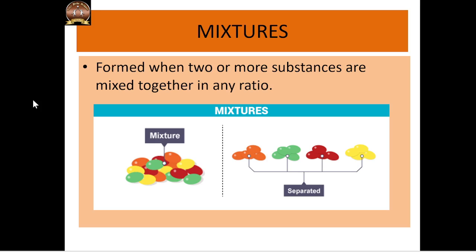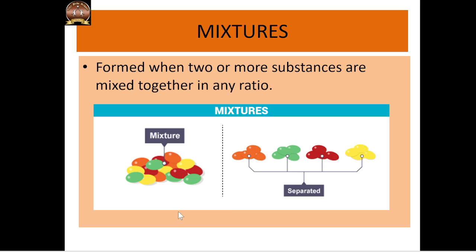What does any ratio mean? It means that here in this mixture, when you separate it, you have the orange component, and then there's a green component, and then there's a red component, and then there's a yellow component. Now we can have more of the orange, less of the yellow, or less of the green, more of the red, or more of, say, yellow, green, red, and less of yellow.